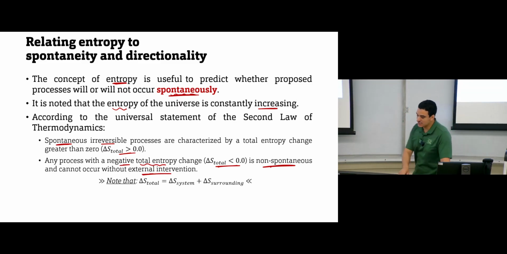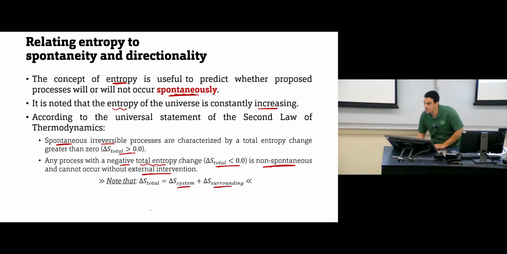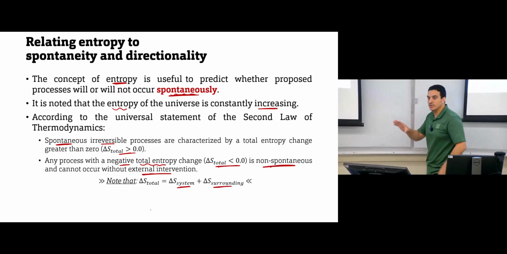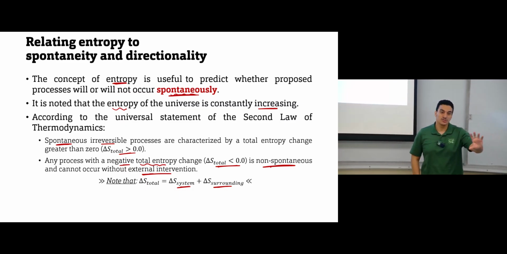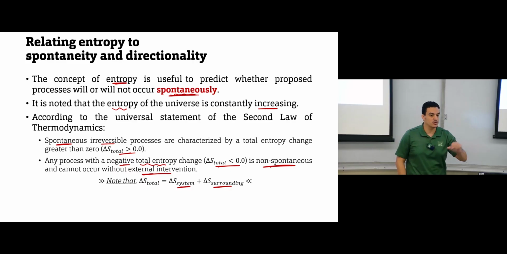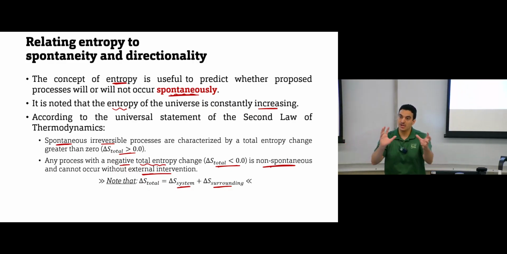Okay. And what is delta S total? Delta S total is delta S of the system plus surrounding. So if you need to see whether this process will occur or not, you need to calculate the entropy change for the system, plus the entropy change for the surrounding, and sum both of them to get the total entropy change.